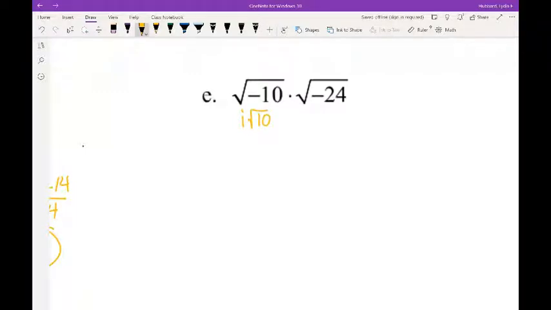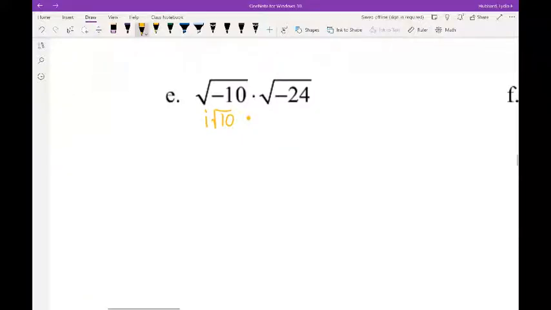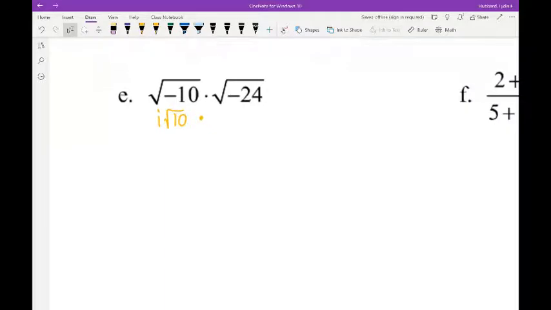Radical negative 4, I can turn that either, well, it depends on how much you want to simplify it. I'm going to definitely take out an i, but hopefully we know that 24 splits also into 4 and 6. The square root of 4 is 2, and the square root of 6 is radical 6. So we'd write this as 2i radical 6.